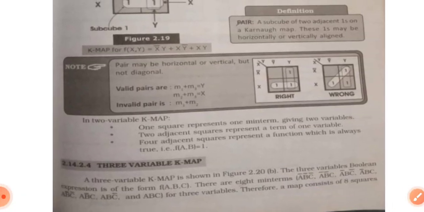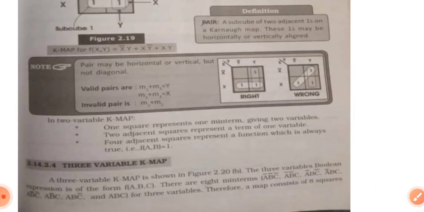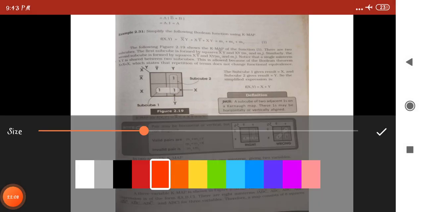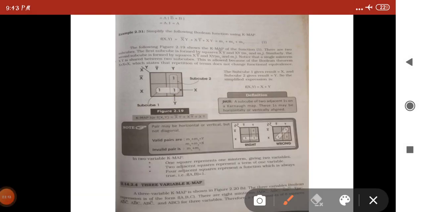Next is three variables. Three variable K-map shows three variables. What are the variables? A, B, C. Can we take A, B, C as the three variables?